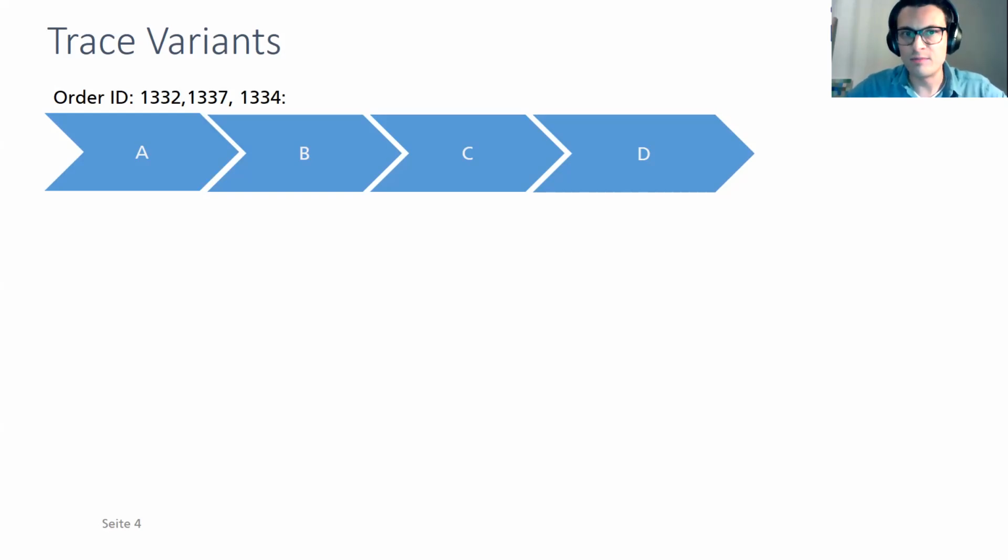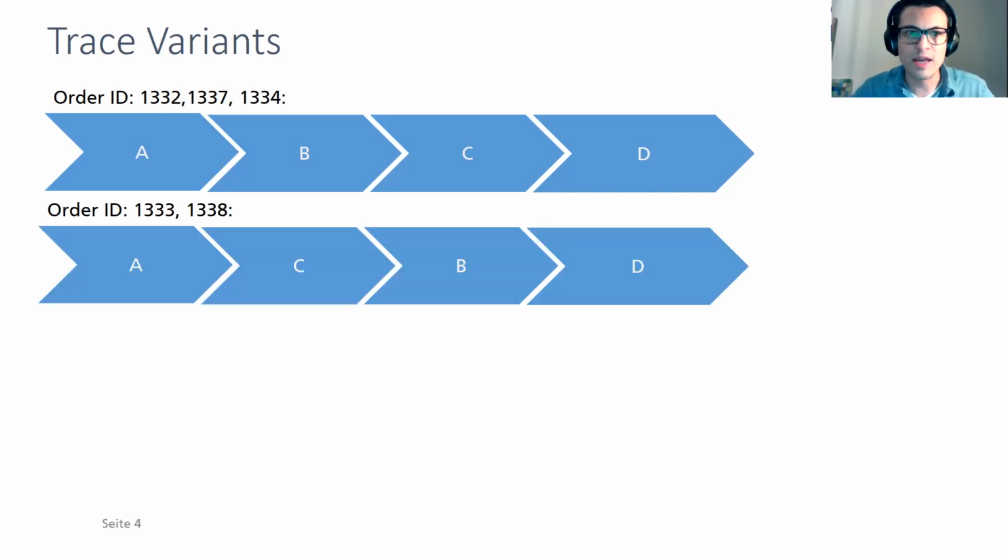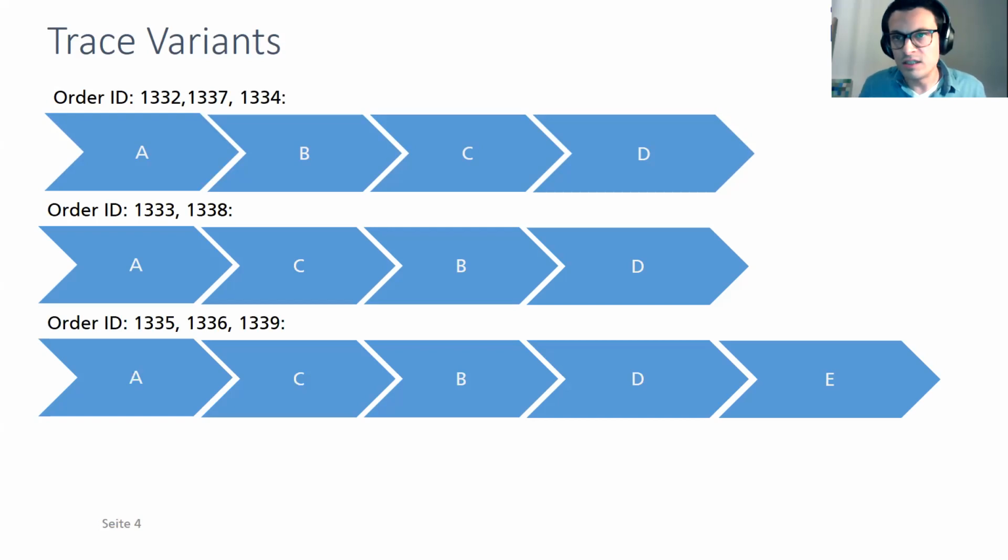the behavior ABCD. So ABCD is a trace variant that we observe in the traces recorded for orders 1332, 1337, and 1334. And for example, ACBD is another trace variant that I observe in the traces recorded for orders 1333 and 1338, and ACBDE can be a trace variant that we observe for orders 1335, 1336, and 1339.